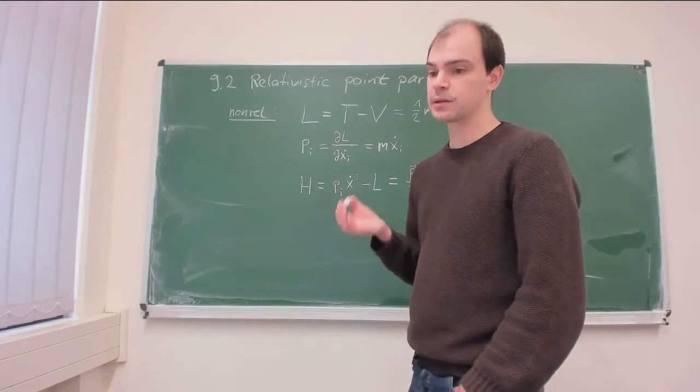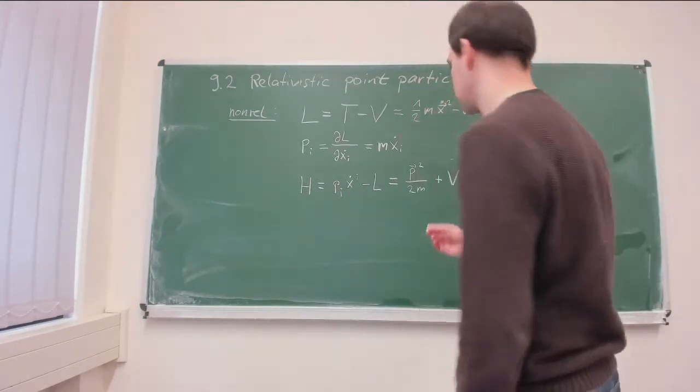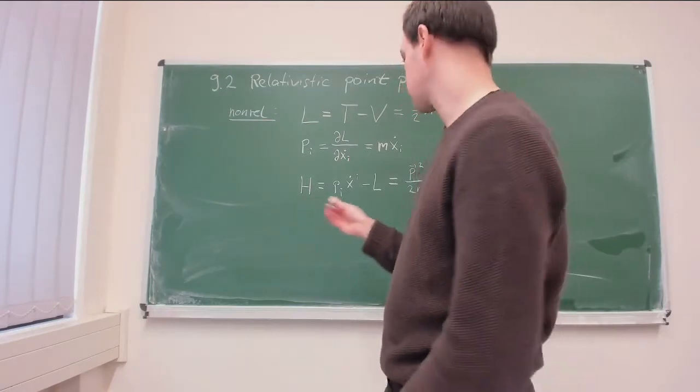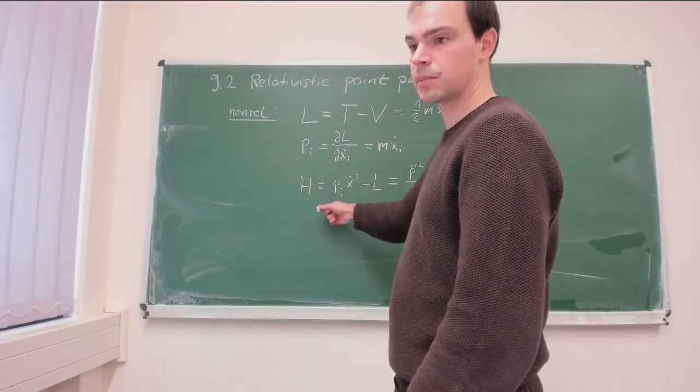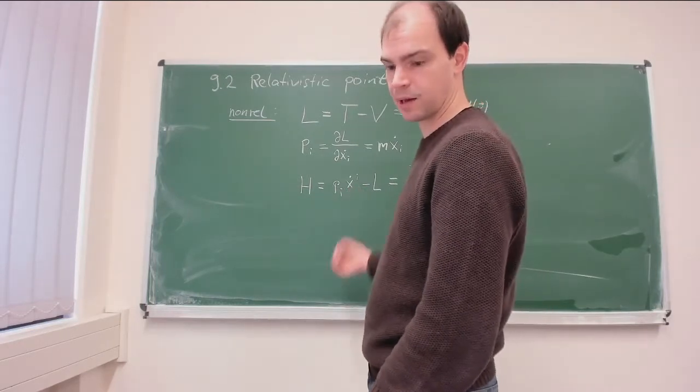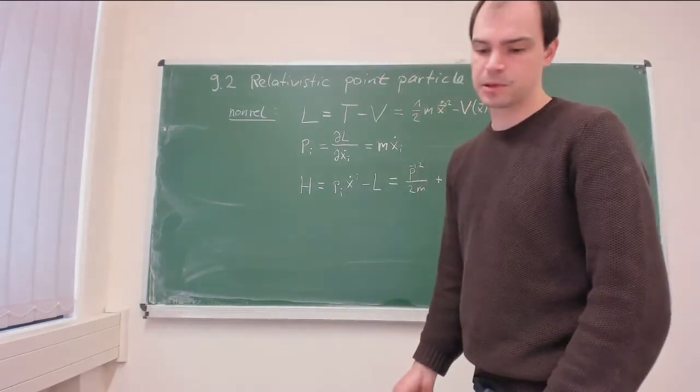So the rule for canonical quantization is that we replace the occurrences of our classical observables x and p by the corresponding operators.